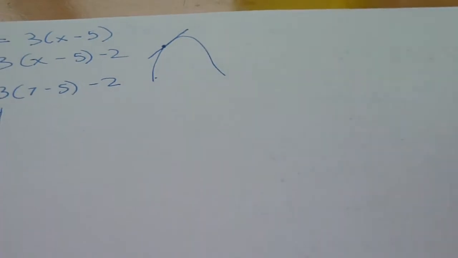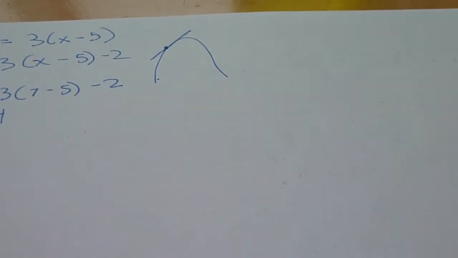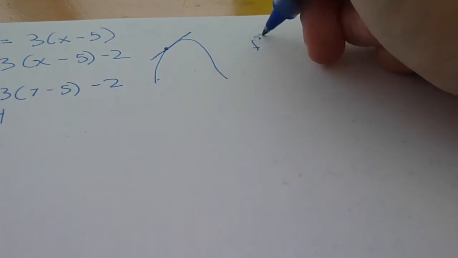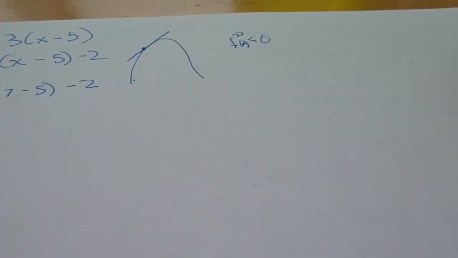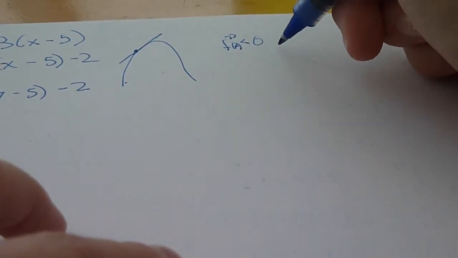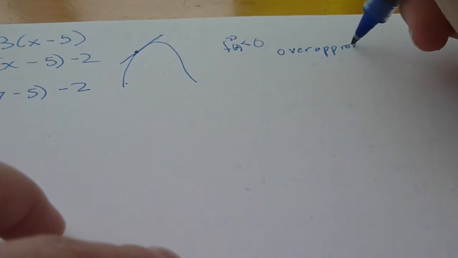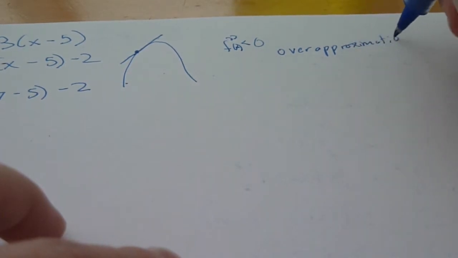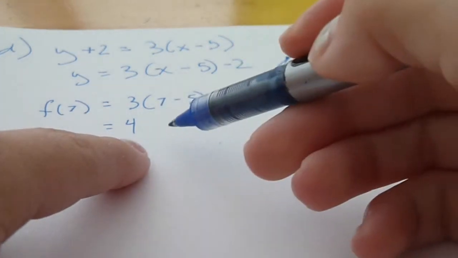The slope of this line is 3. Okay. Notice that this is above the graph, so that will be an over approximation. So because f double prime of x is less than 0, this tangent line is going to be an over approximation. So 4 is an over approximation.